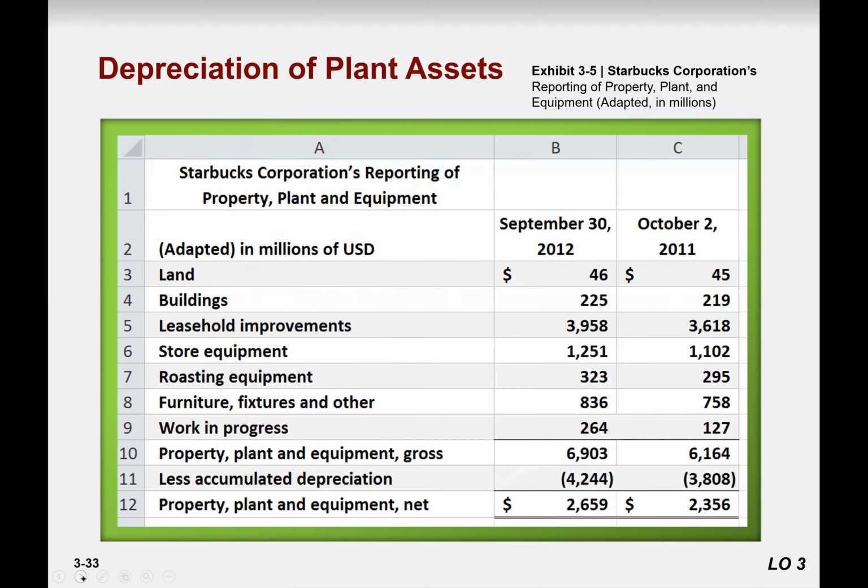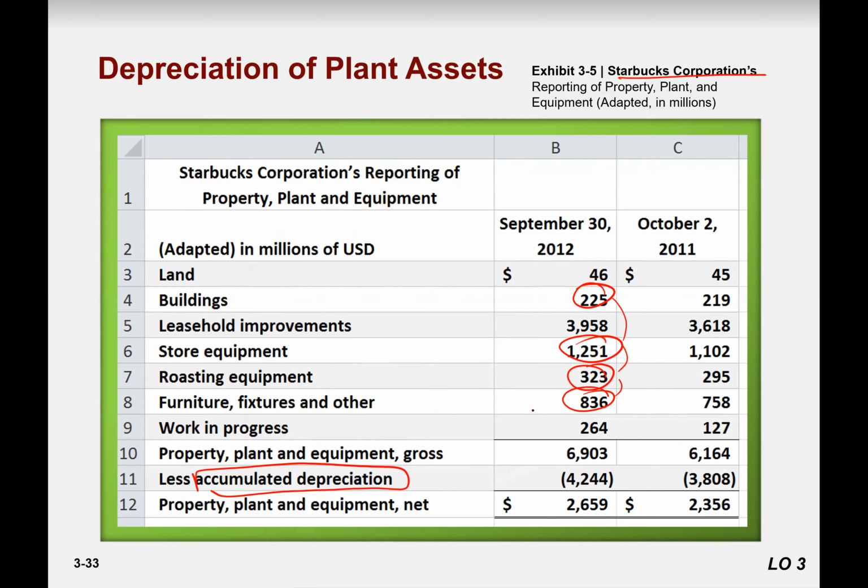This is the original balance sheet of the Starbucks Corporation. You see they have different assets, and you see the accumulated depreciation here. These values, the buildings, the store equipment, roasting equipment, furniture and fixtures, show the cost price.